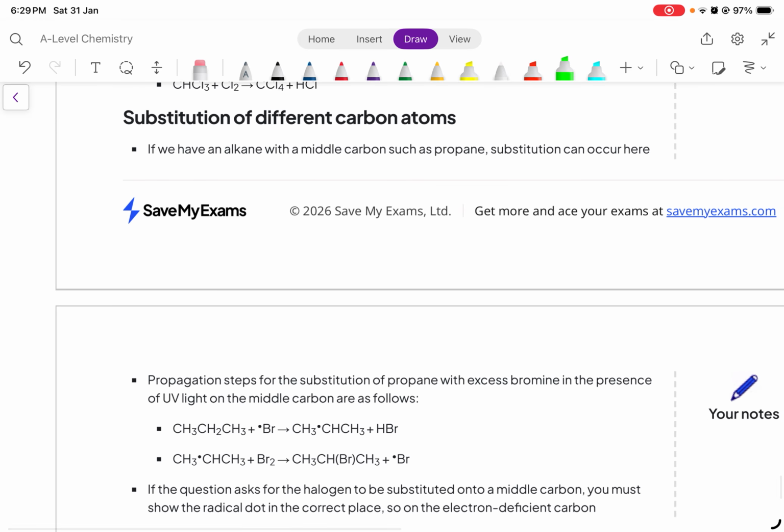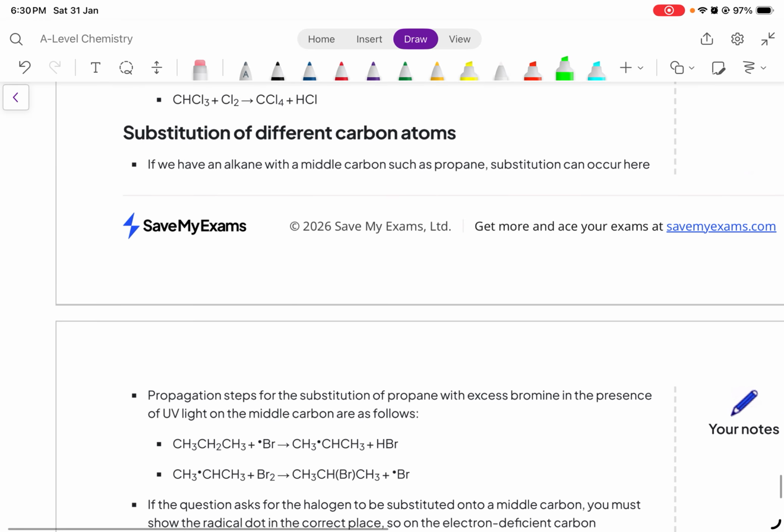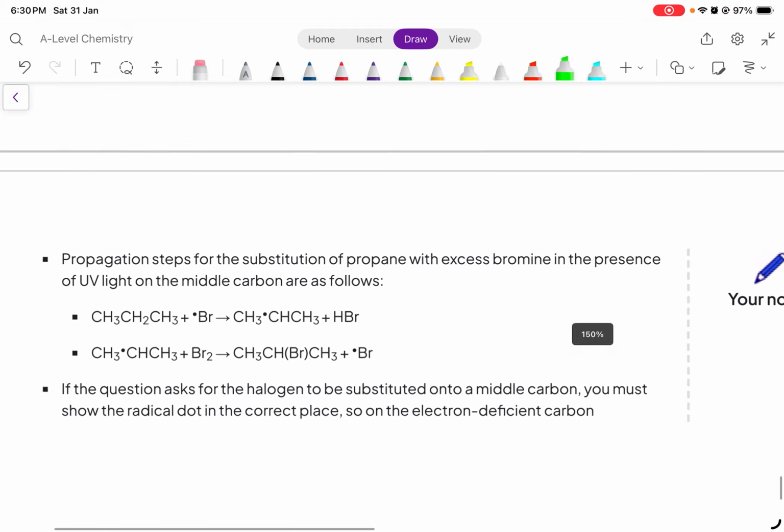Now, there are a few things. We can also have a substitution of different carbon atoms. For example, the middle carbon, such as in propane, can be substituted here. Let's look at the propagation step.